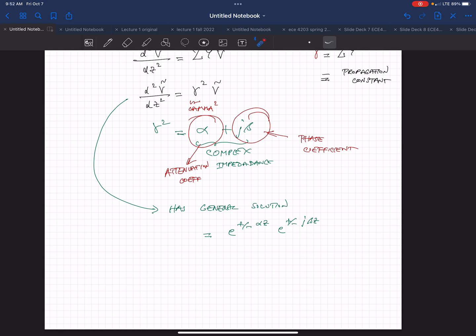So before, when we had just the capacitance and inductance, we didn't have the alpha term. We just had the plus or minus j beta z, where the minus j beta z was the waveform going in the right direction, and the plus j beta z was the waveform coming back. We didn't have this before.